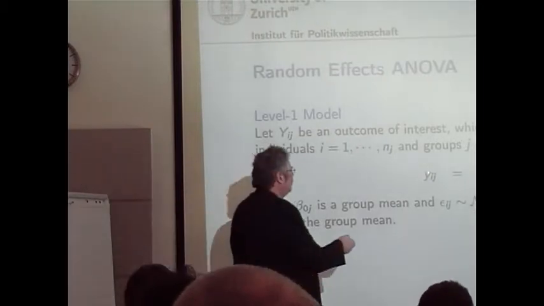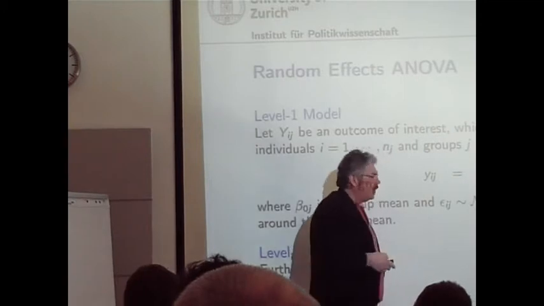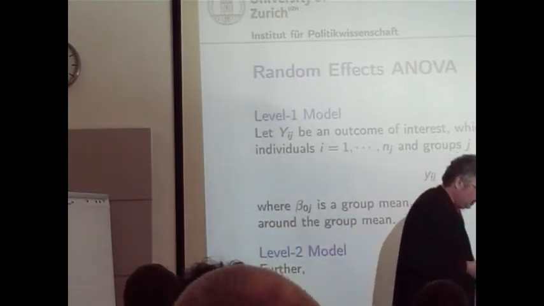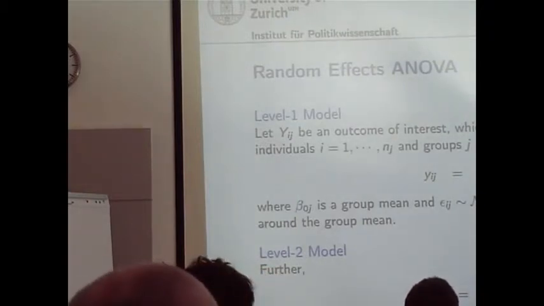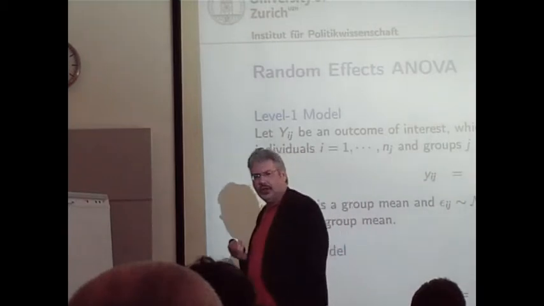And this realized value of the dependent variable, I basically decompose into two things: a parameter beta 0j and an error term epsilon ij. And this parameter beta 0j, you see there's only a subscript j there. This picks up variation across groups.